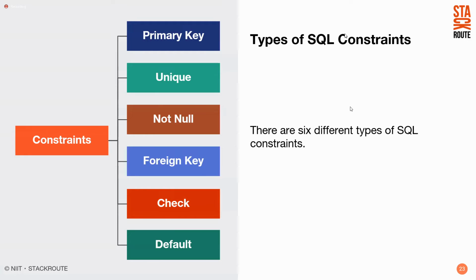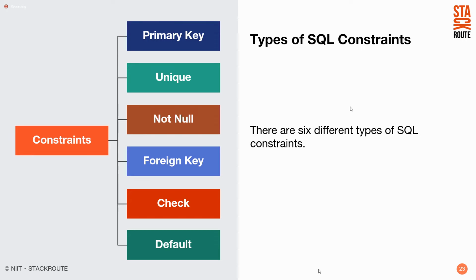Unique, primary key, unique. What is the difference between primary key and unique? Have you ever thought about this? Repetitive interview question. Difference between primary key and unique. What is the similarity? There can be only one primary key.